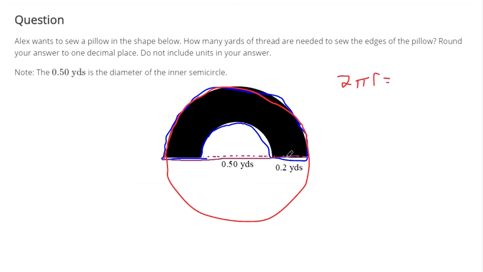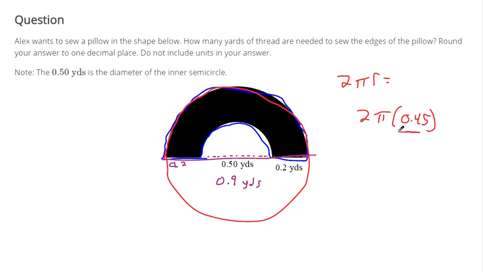So the whole thing across, this is also 0.2 yards. All the way across is 0.9 yards. So that means the radius of the big red circle is just half of that. So it's 0.45 yards. So 2 times pi times 0.45.